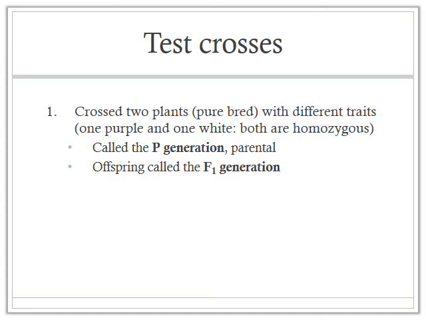These purebreds are called the P generation, which is parental generation. You could say P, purebred generation, but it does stand for parental. The offspring of this P generation is called the F1 generation.